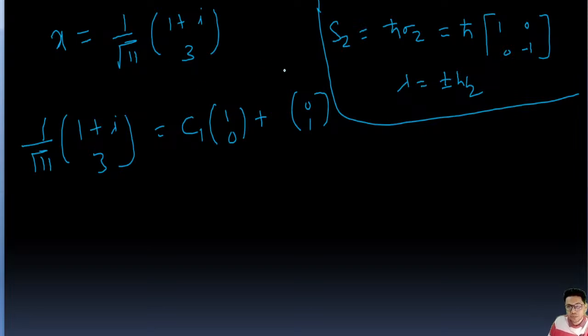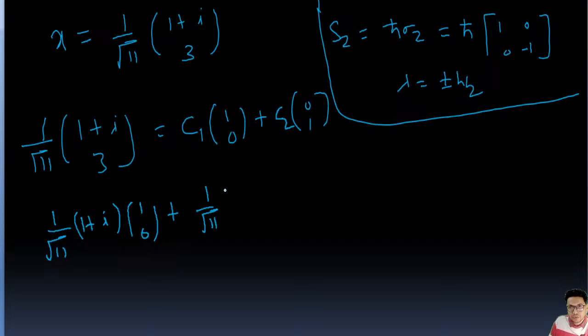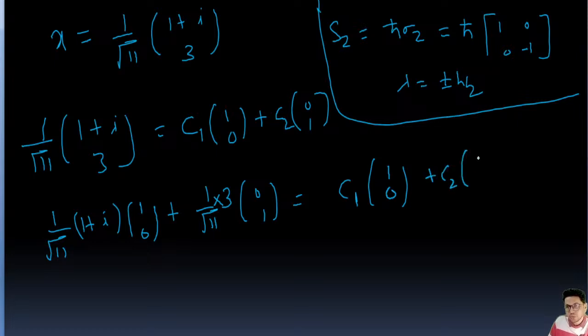I solved the same type of question earlier as well in the previous class. So we can write 1 upon root 11 (1 plus iota) (1 0) plus 1 upon root 11 into 3 into (0 1) equal to C1 (1 0) plus C2 (0 1).